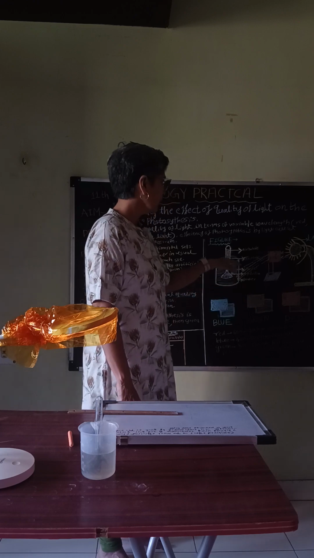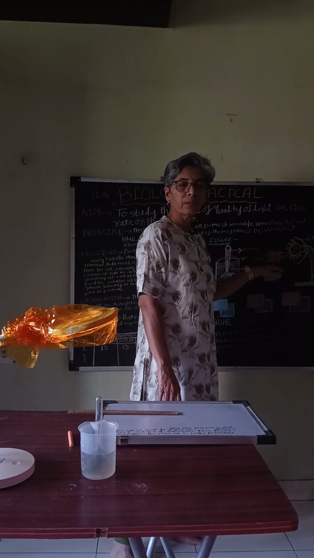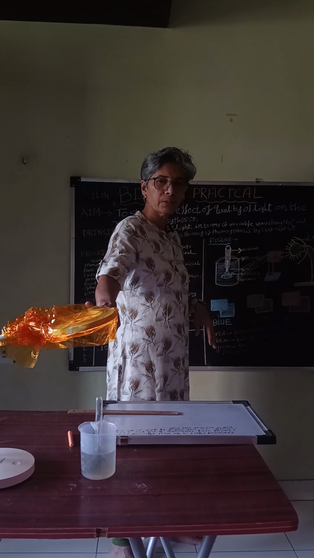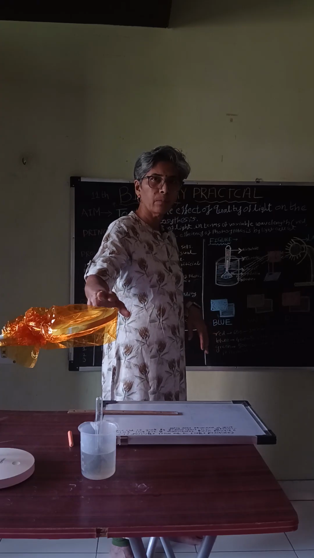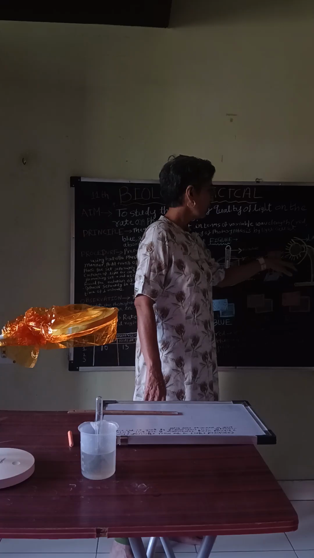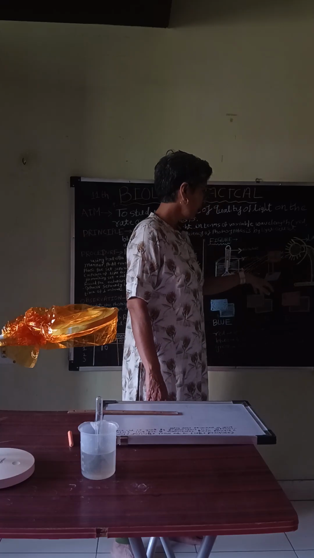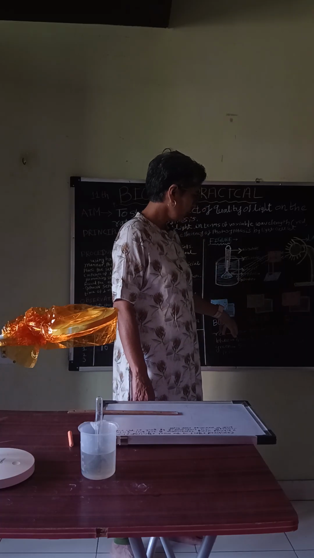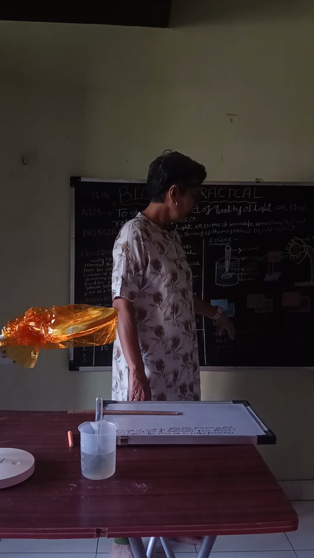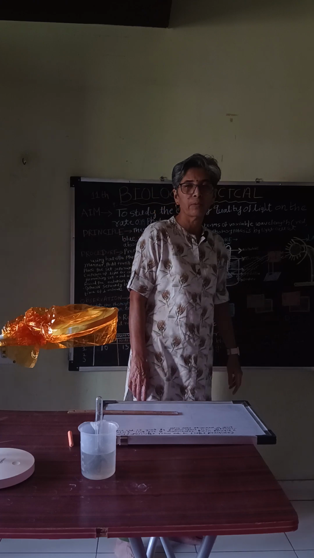So place cellophane paper here. I have taken cellophane paper on the electric bulb. Take one electric lamp and take 3 types of cellophane papers: blue cellophane paper, green cellophane paper and red cellophane paper.